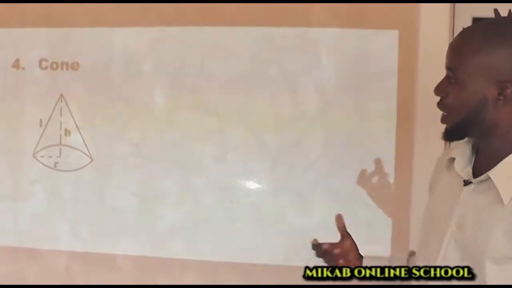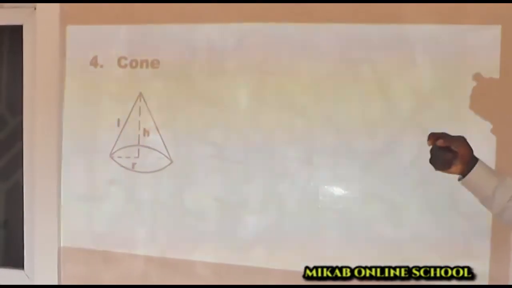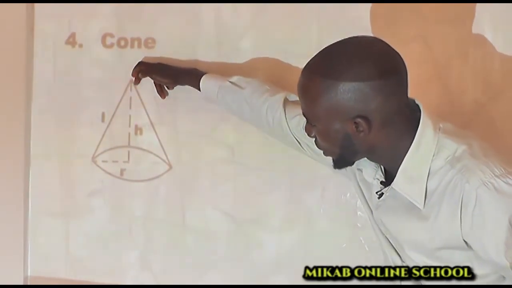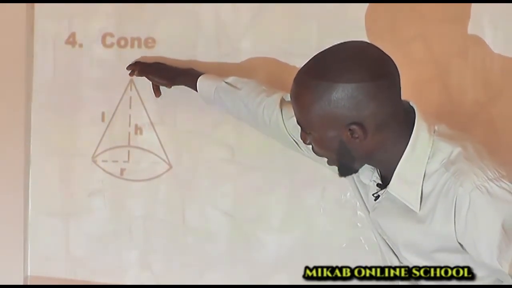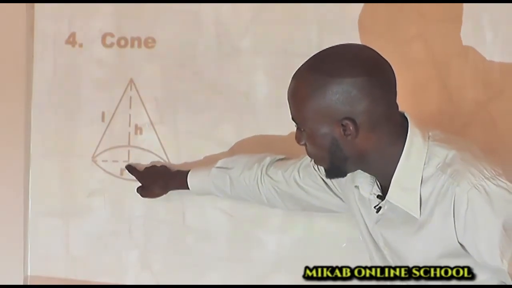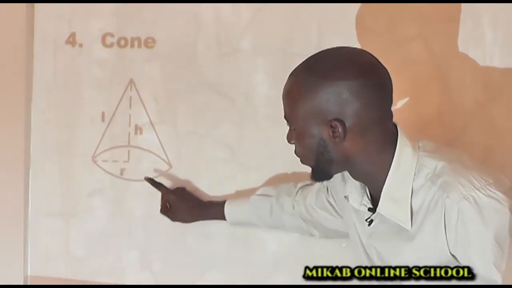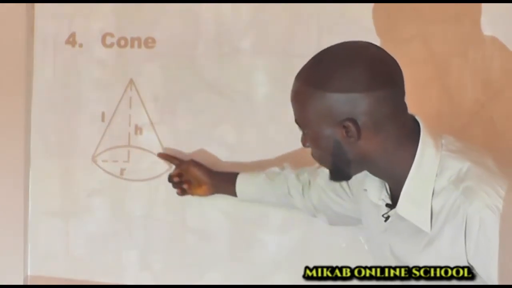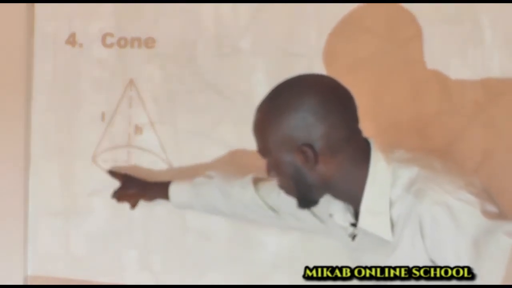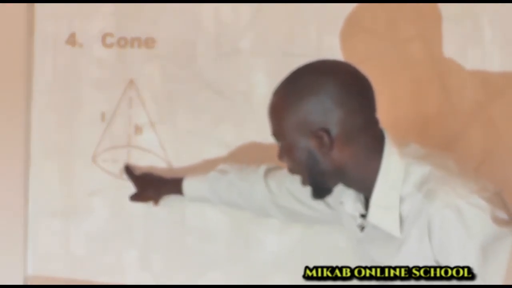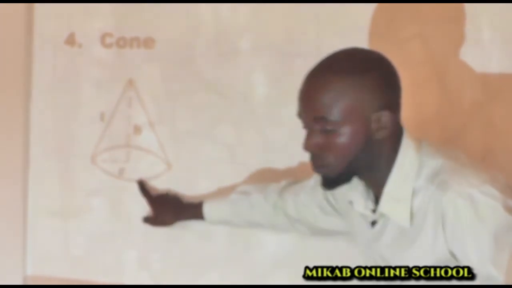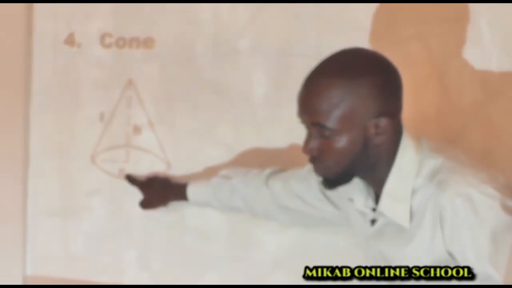The fourth example of this solid shape is a cone. The cone has an apex, and the distance of this apex from the common point of this circular part of the cone is called the height. Of course, we've defined the circle as having a line drawn from this common point to touch any part of the circle, named the radius.